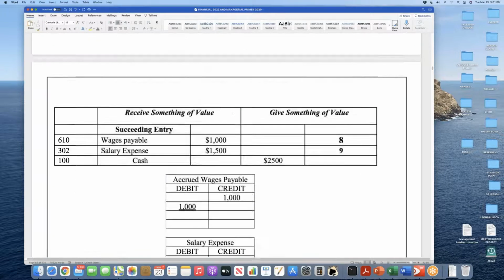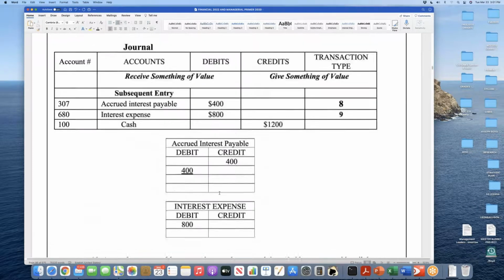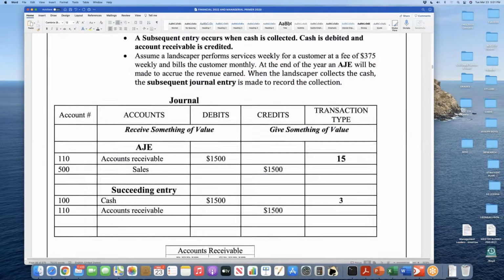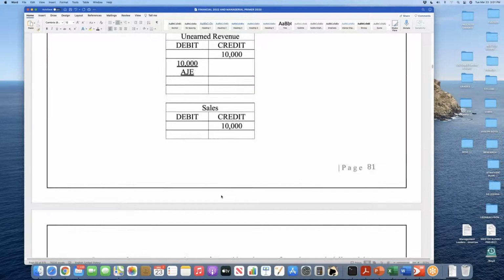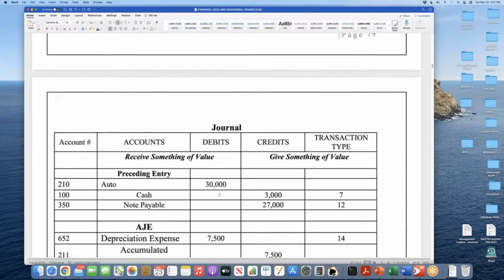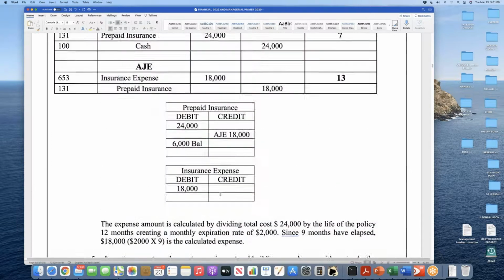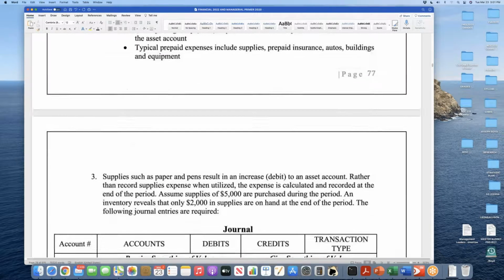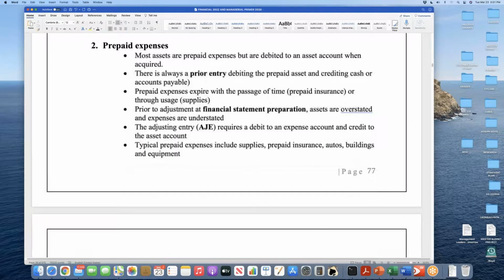So let's look at some examples. Most assets are prepaid expenses, but they debit to an asset account when acquired.